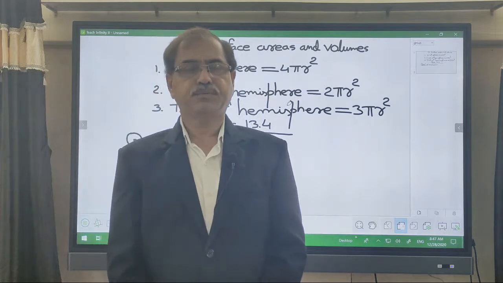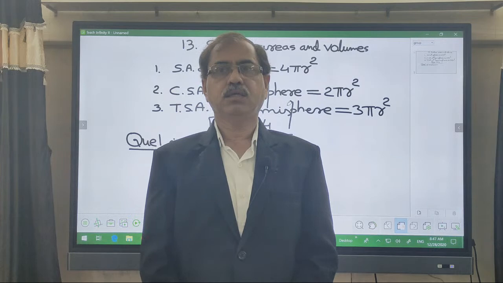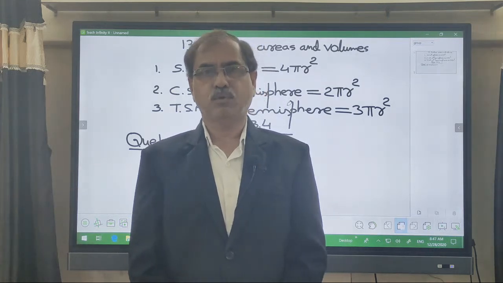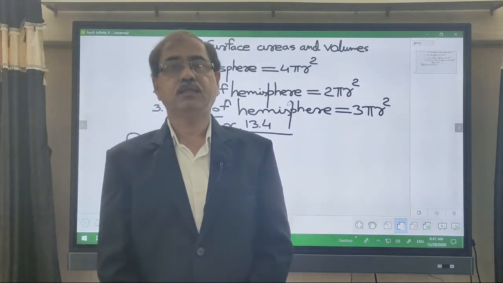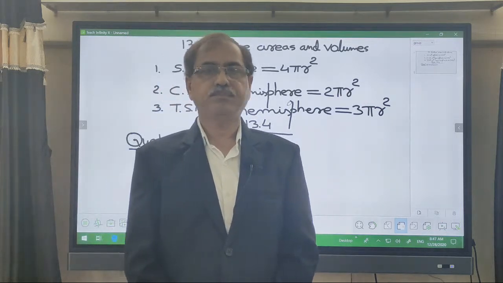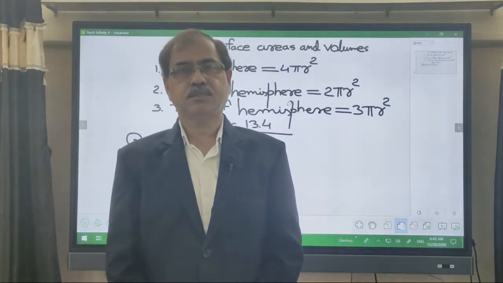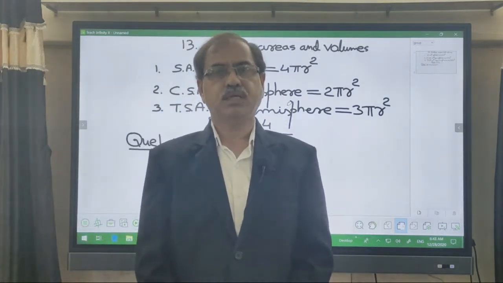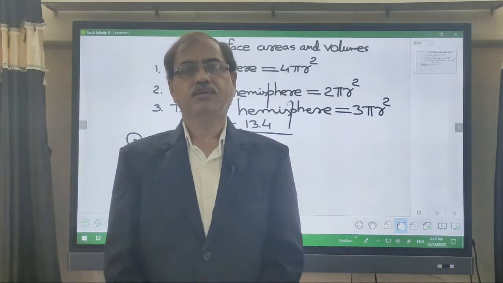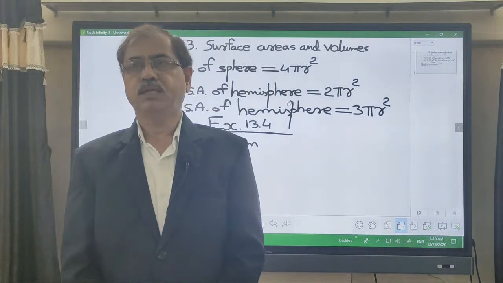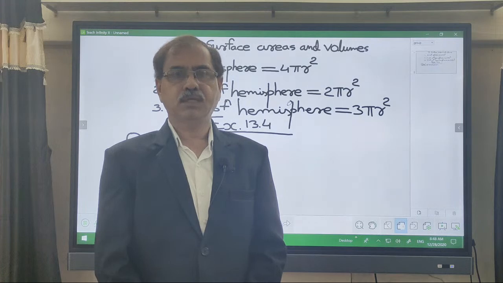In case of a sphere, all the points are lying equidistant from a fixed point, but these points are in space, not in the same plane. These points are at equal distance in space. That is how we get a sphere. If we take particular examples, basketball, football, tennis ball, etc., all these shapes which you see represent a sphere.